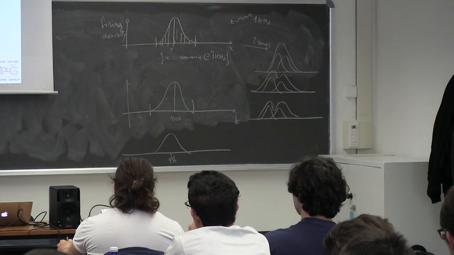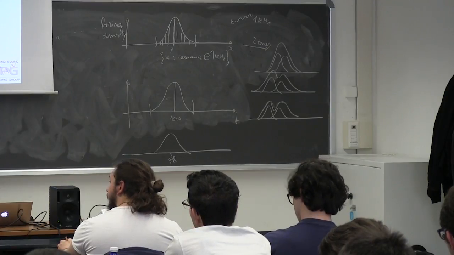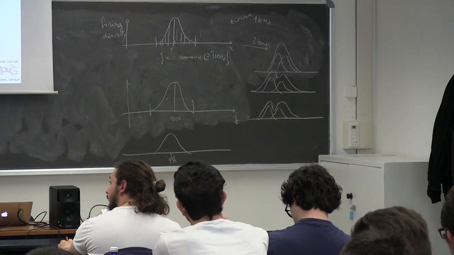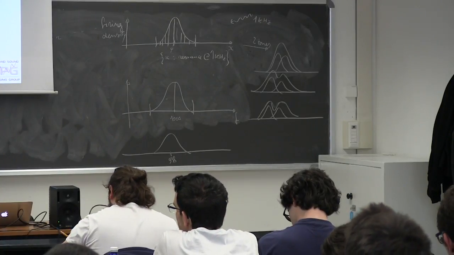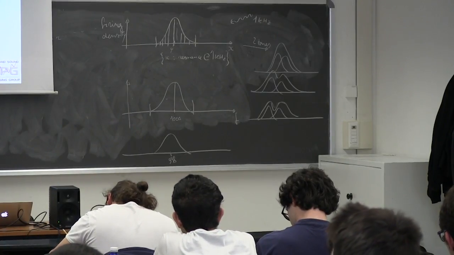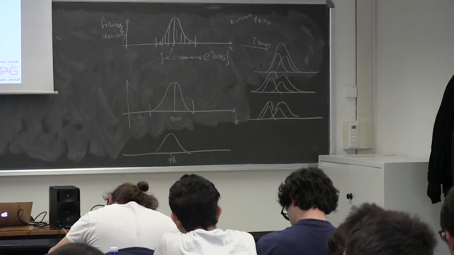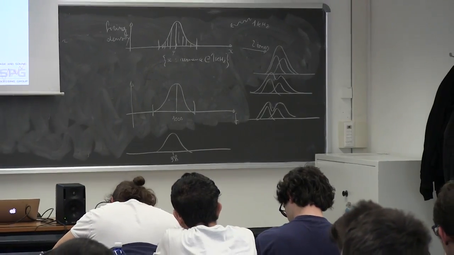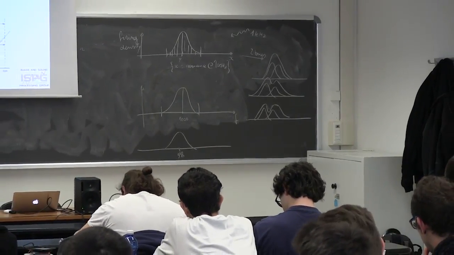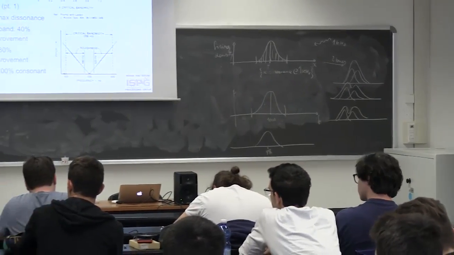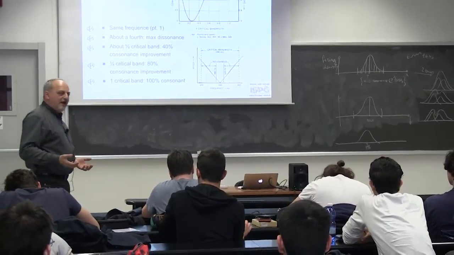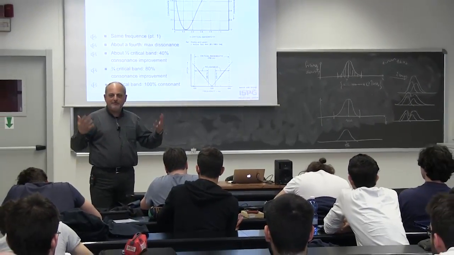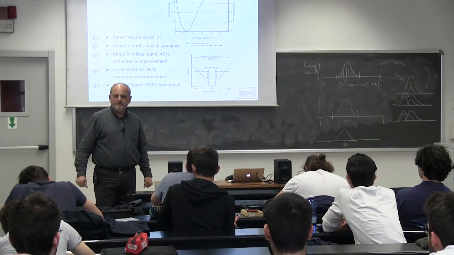It really depends on the depth of the valley between the two peaks. If the two peaks are too close, you won't be able to distinguish them. But if the two peaks are far enough, you will have a valley in between, and your brain will be able to tell. It will say, okay, there are two sounds here, because the shape is the bimodal shape of two tones that excite a system that has limited resolution.